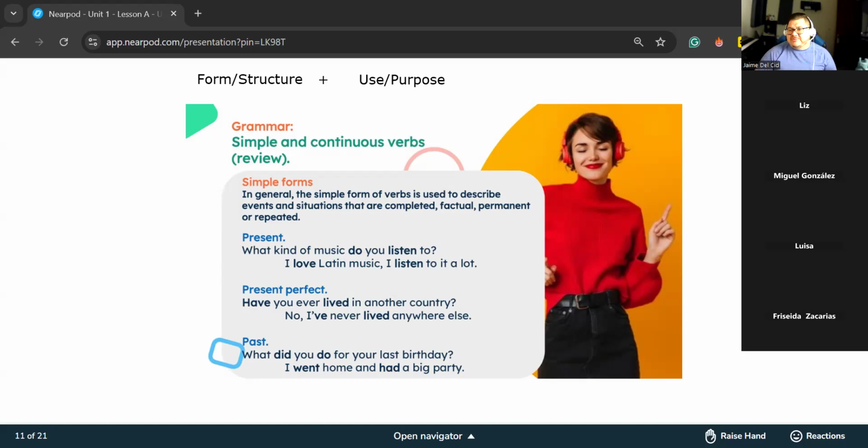Okay, so I'm going to use a whiteboard just for a second for this exercise. And I'm going to start with the simple forms. Okay. Simple forms. Let's do a little recap of what are the tenses that are inside of the simple forms group.